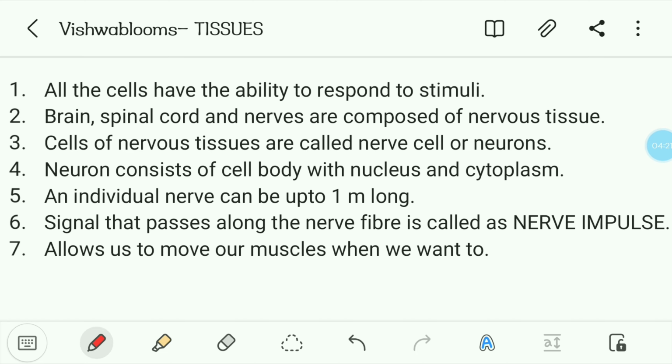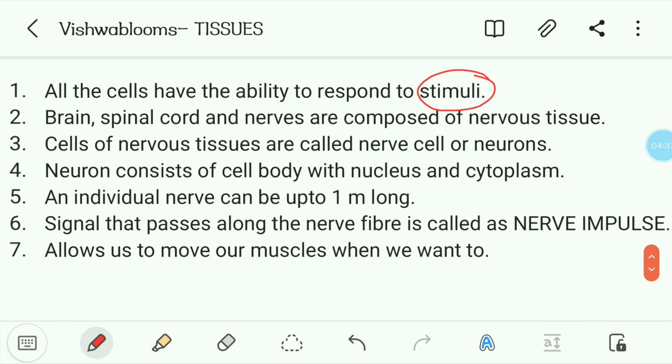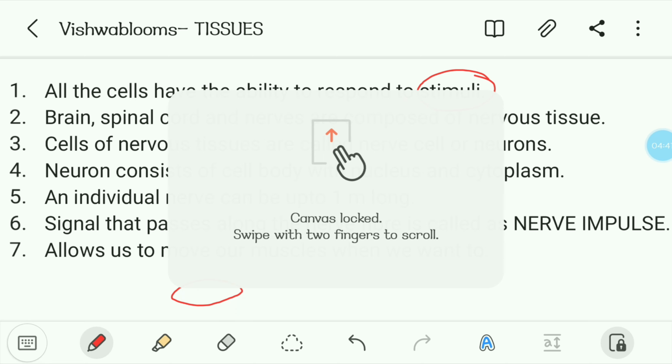There are many points to learn, so we will learn one by one. In nervous tissue, all the cells have the ability to respond to stimuli. Now I will explain this stimuli. Suppose a hot pan is there.